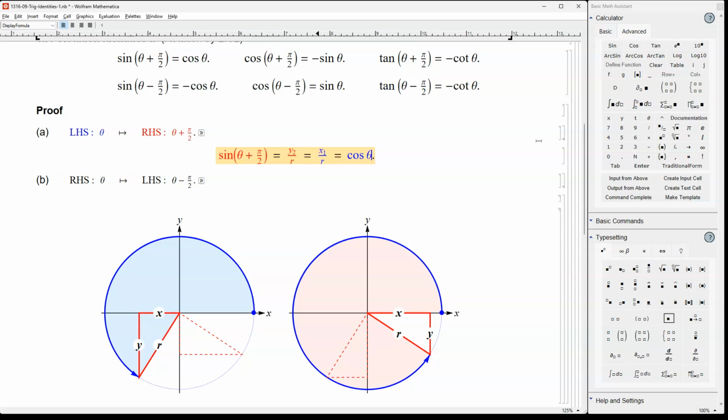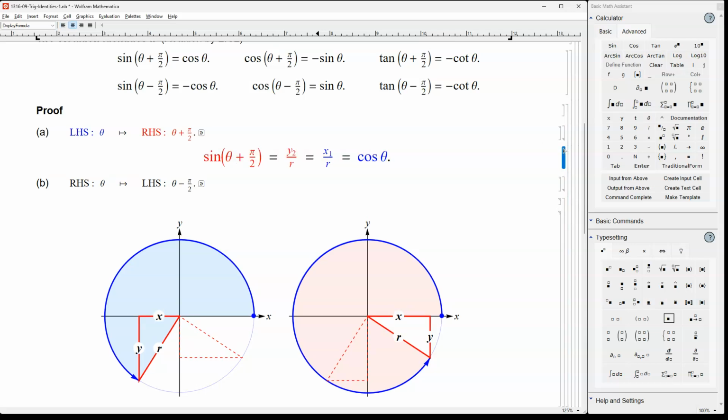So x1 and y2 are the same, and I don't have to change anything. And we just ended up proving this one.